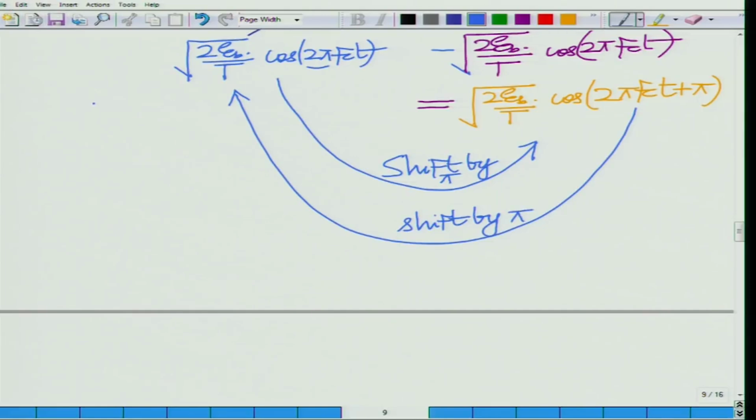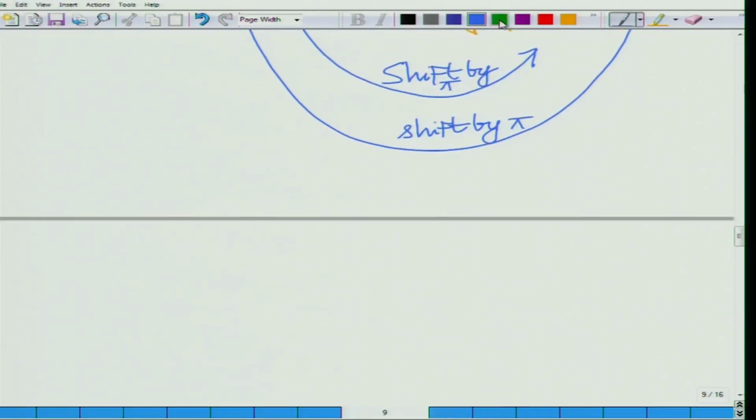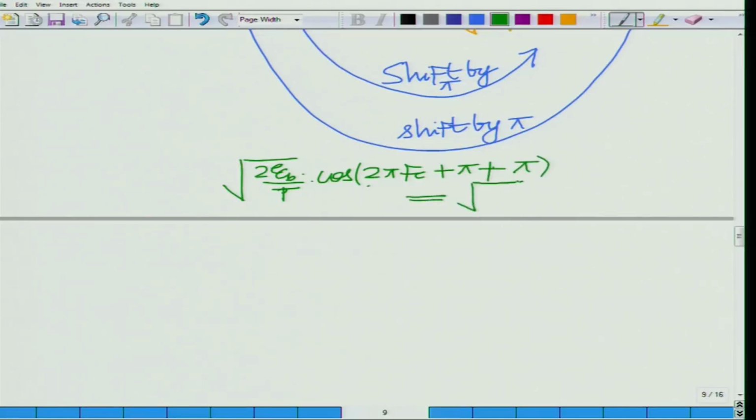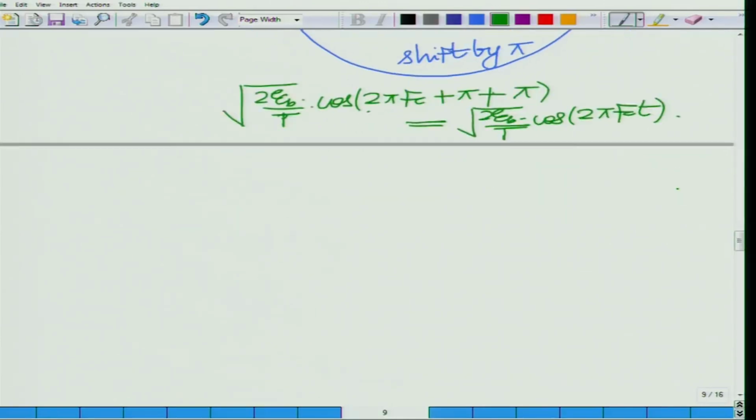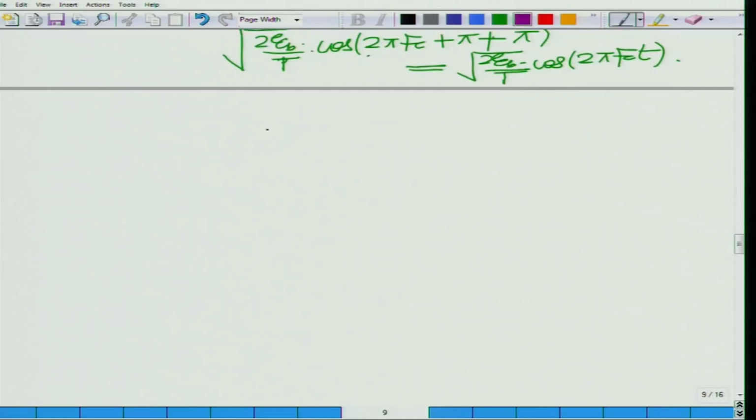For instance, if you have square root of 2 Eb by T cosine 2 pi fc t plus pi, and I add another pi to it, that will give you square root of 2 Eb by T cosine 2 pi fc t. So, basically again we have two waveforms.